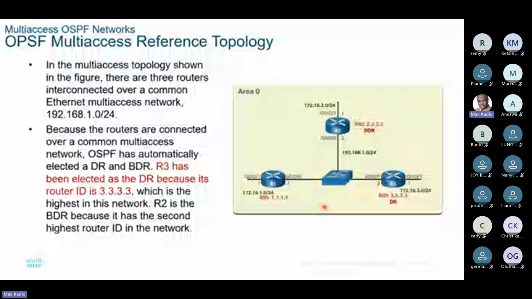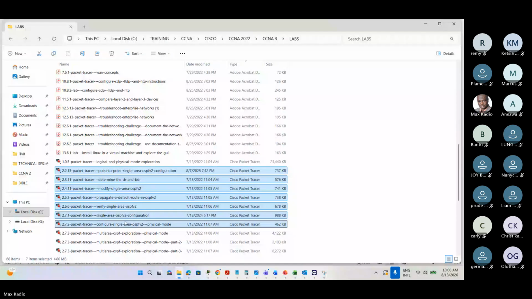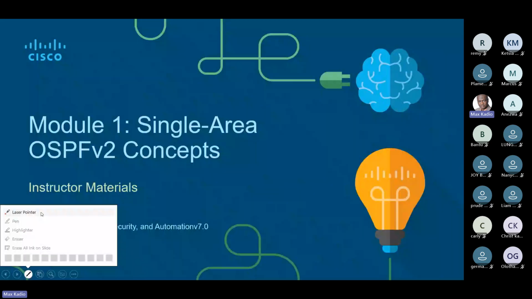Single area concept. It means some definitions. What is OSPF? How does it work? What are the messages we exchange? What is this? What is that? That's what we did today.